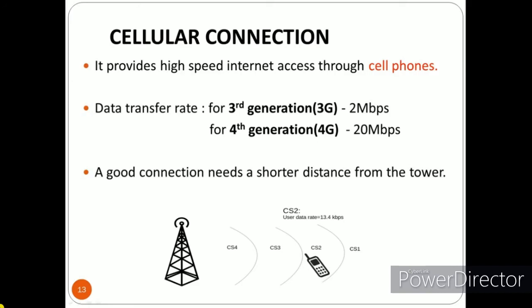A good connection needs a shorter distance from the place you are working. As you can see in the figure, a tower is placed here and the 4 ranges are shown. If the mobile phone is placed in the C4 range, then it would be a better connection compared to the C2 range.